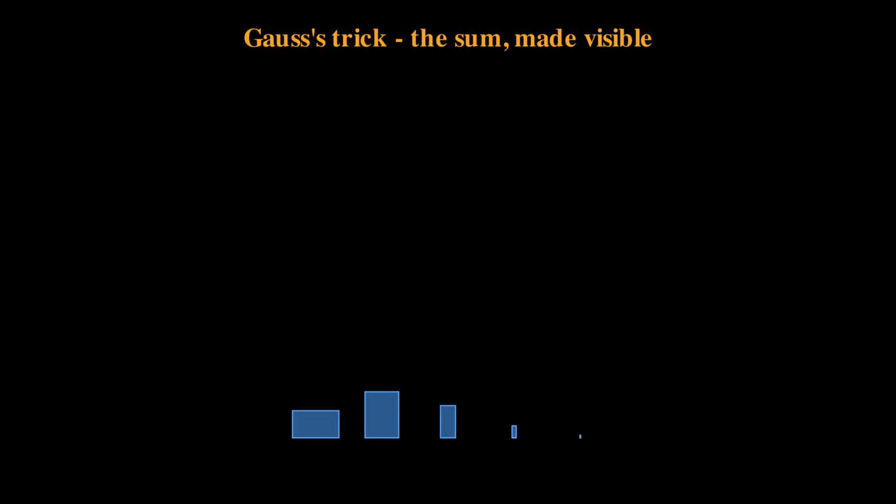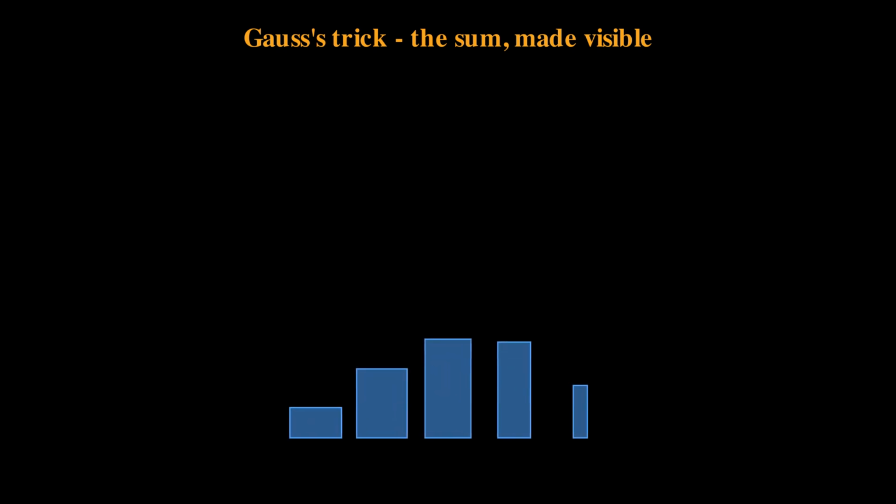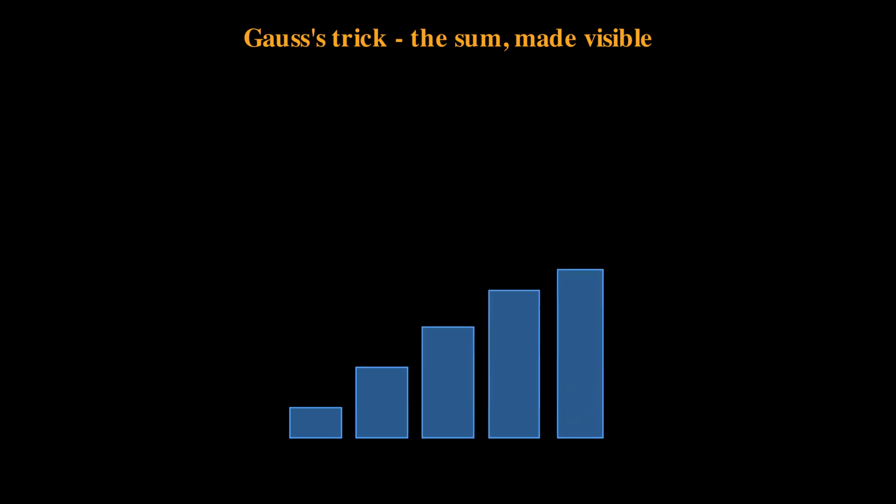Here's what Gauss saw. Take a short arithmetic series. 3, 7, 11, 15, 19. And draw each term as a bar. Adding them is the same as finding the total area of these blue bars. So far, nothing clever.